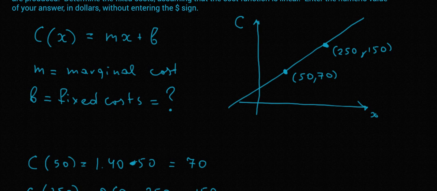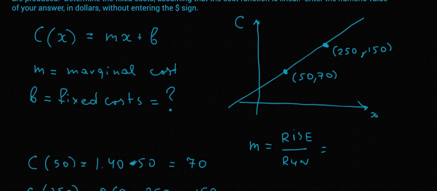So now let's determine the equation of the line that goes through the 2 points, 50, 70 and 250, 150. Let's begin by calculating the slope, which can be calculated as rise divided by run. We'll use these 2 points to calculate the rise and run.